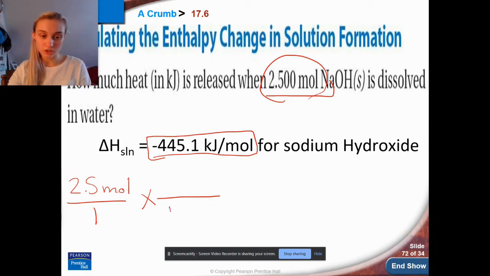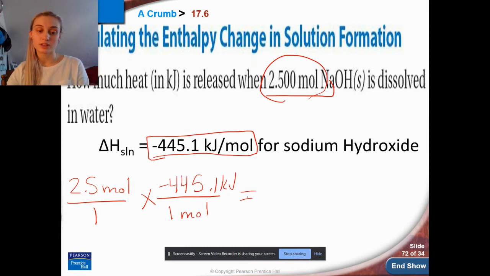So we're going to use that as our conversion. For every 1 mole of sodium hydroxide that is dissolved in water, 445.1 kilojoules of heat is released, which is why it's negative. And that's a pretty easy calculation.